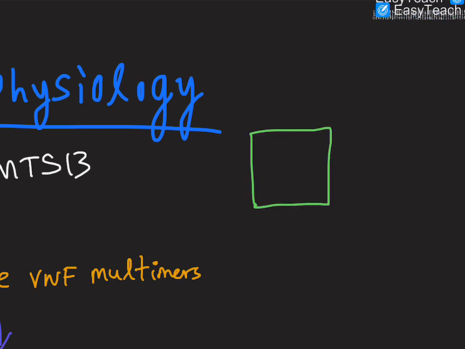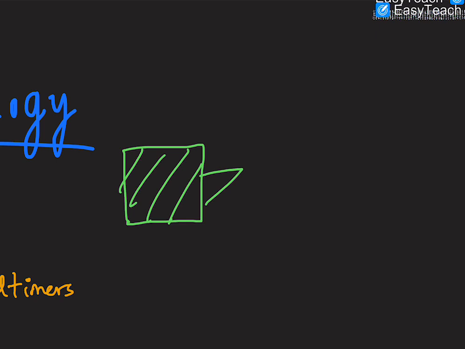So if we draw ADAMTS13 like this, it usually degrades these many large multimers of von Willebrand factor into individual pieces, in this case, individual monomers of von Willebrand factor.